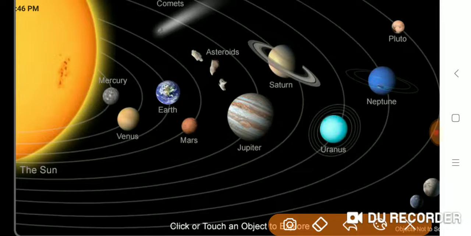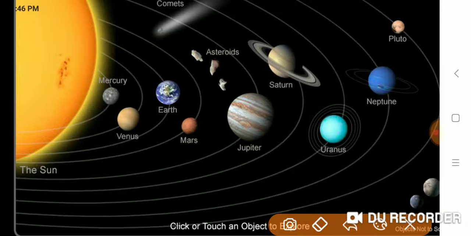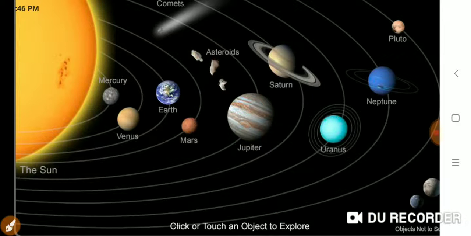In a solar eclipse, the moon comes between the sun and earth. Okay, so that is called a solar eclipse. And when the earth comes between the moon and the sun, that is called a lunar eclipse. That's it.